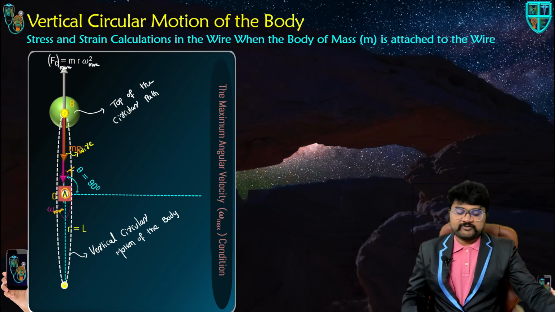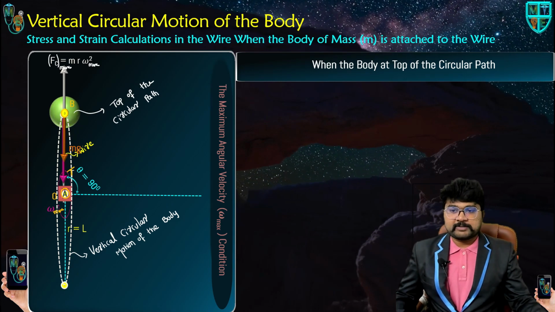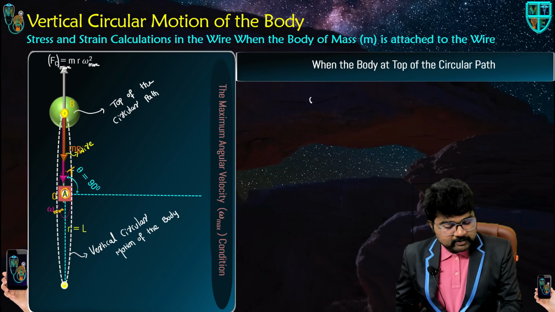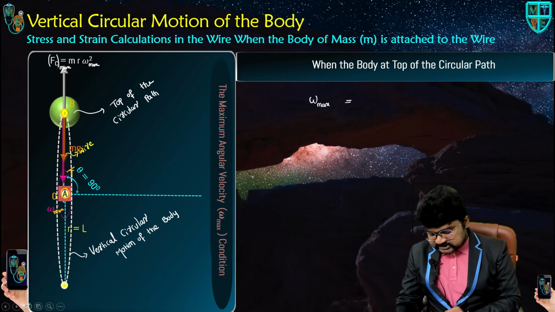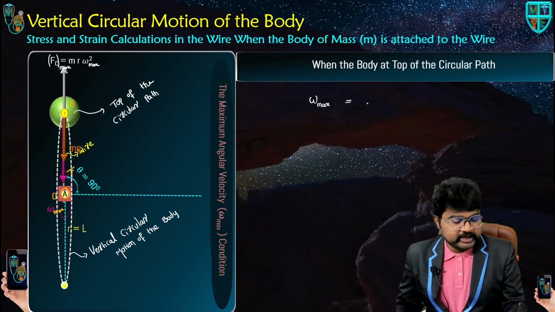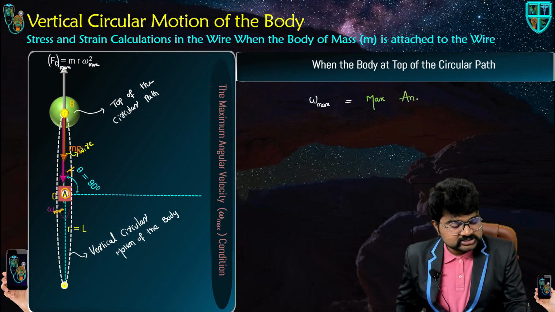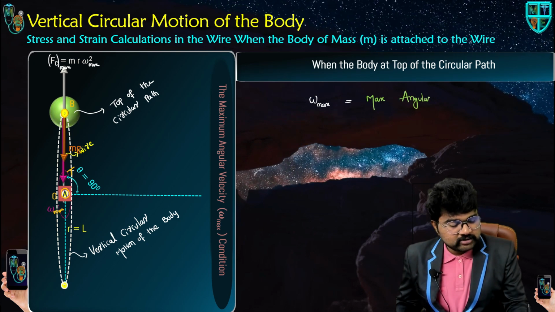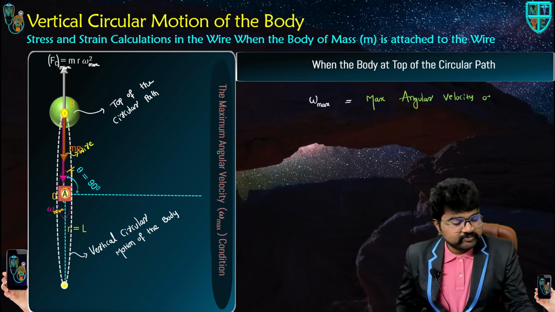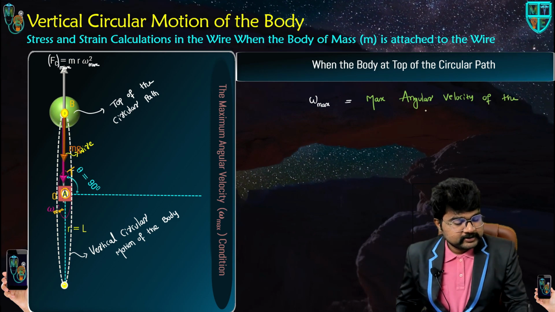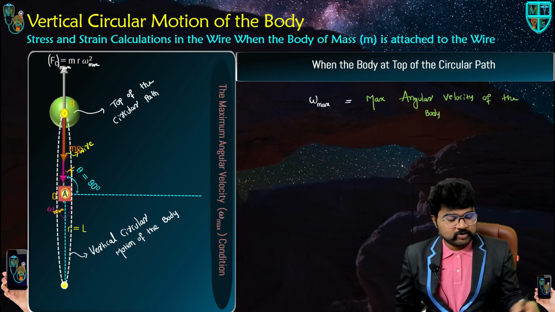When the body is at the top of the circular path, omega maximum is the maximum angular velocity of the body.